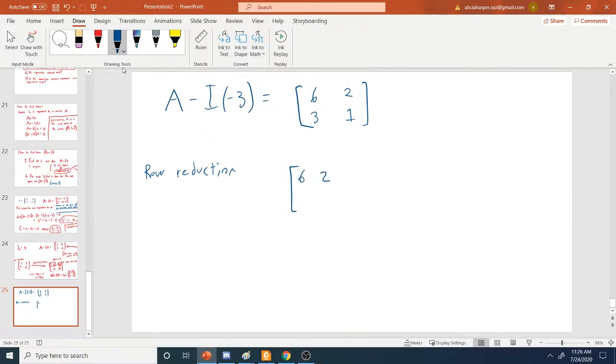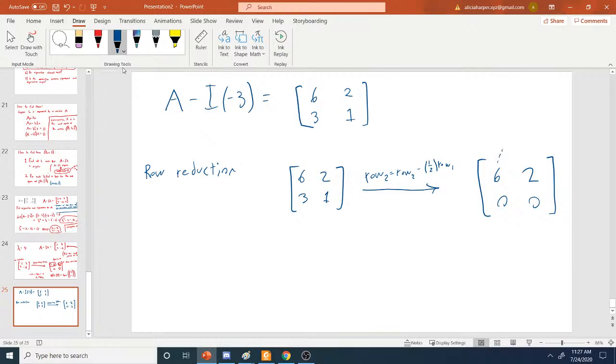So I do 6, 3, 2, 1. I subtract 1/3 of the first row from the second row. So row 2 is equal to row 2 minus 1/3 row 1. This gives me 6, 3, 0, 0.